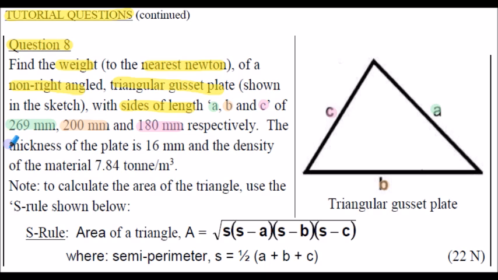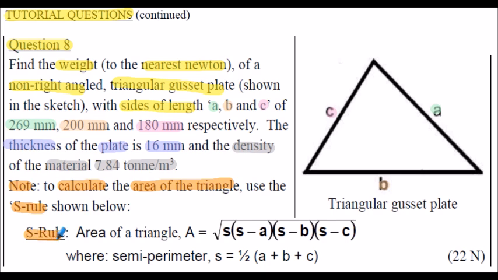The thickness of the plate is 60 millimeters, and the mass density of the material is 7.84 tons per meter cubed. There's a note in the question: to calculate the area of the triangle, we can use the S rule, which is shown here.